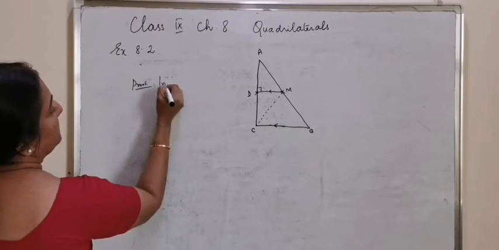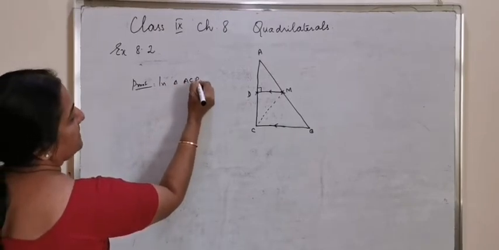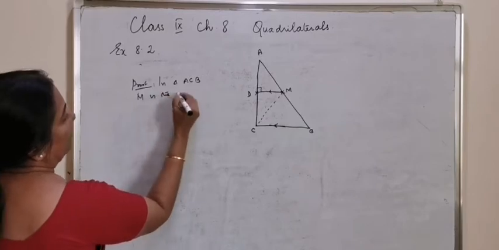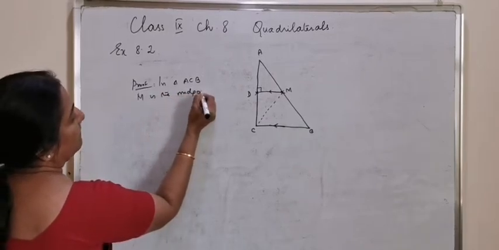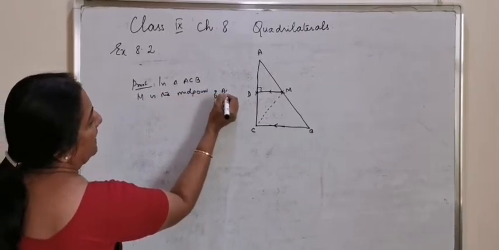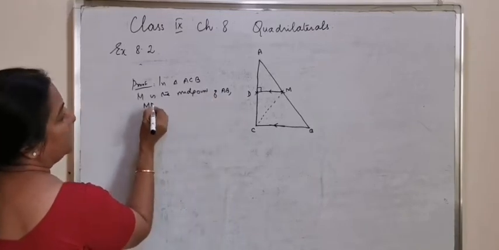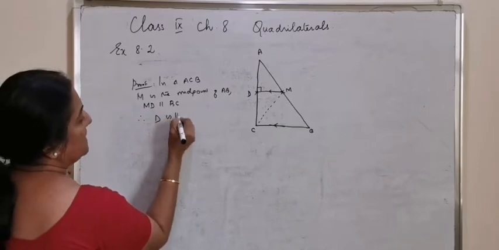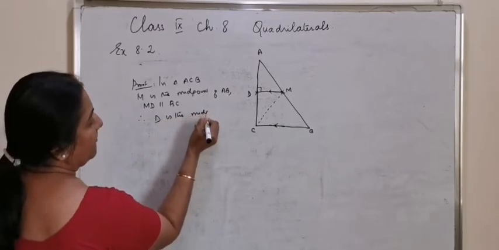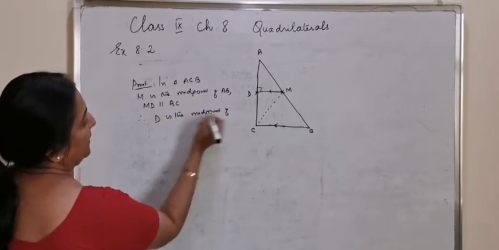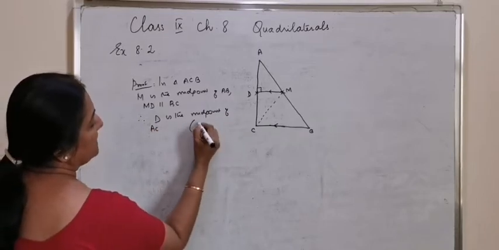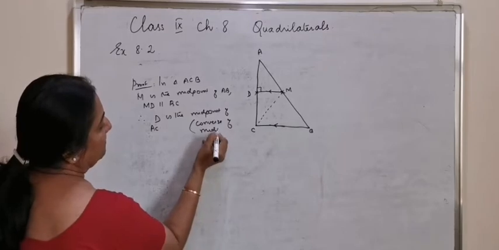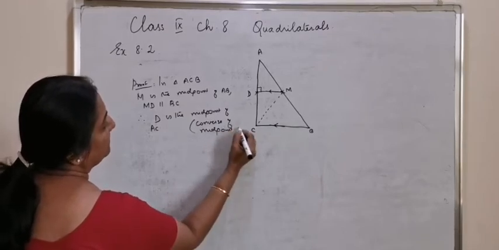In triangle ACB, M is the midpoint of AB. Then MD is parallel to BC. Therefore, D is the midpoint of AC. The reason is the converse of the midpoint theorem.